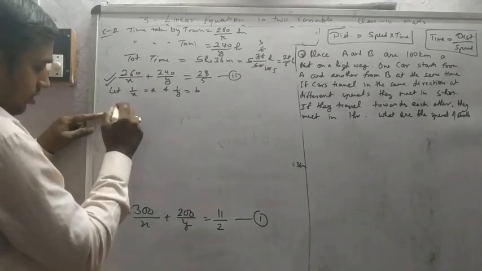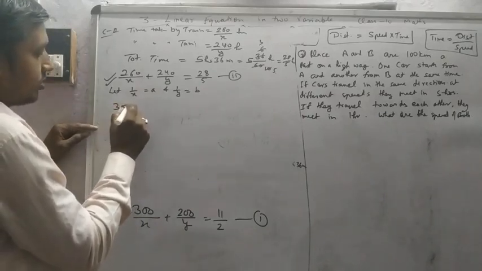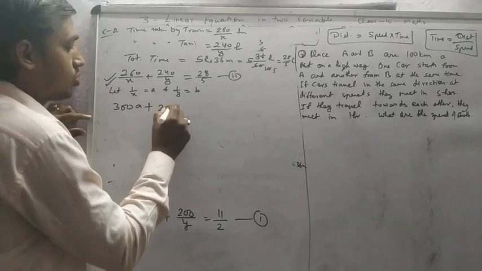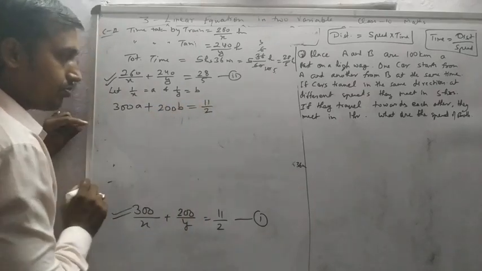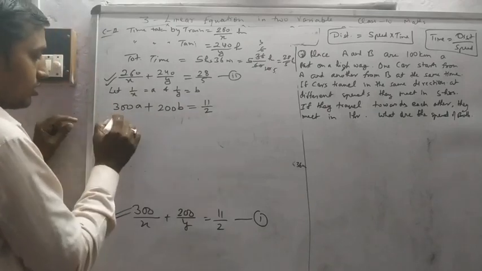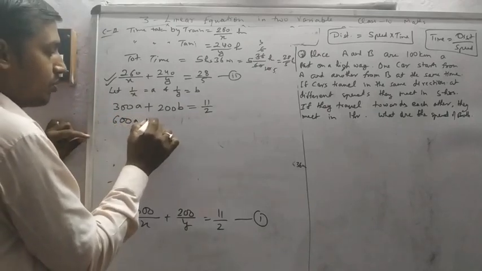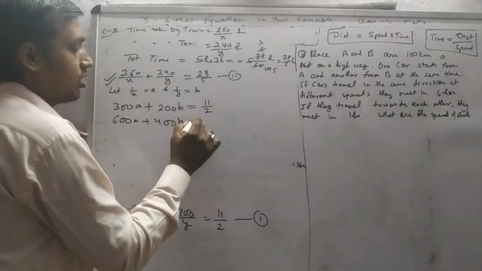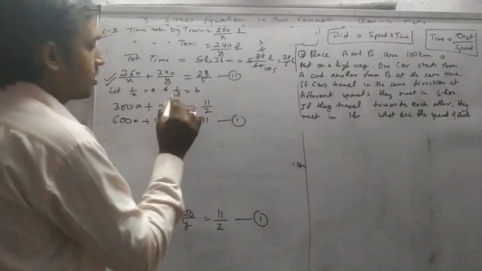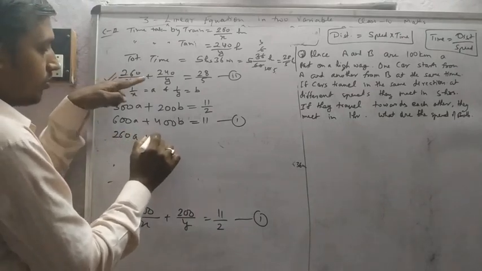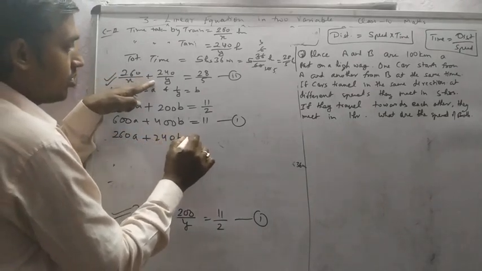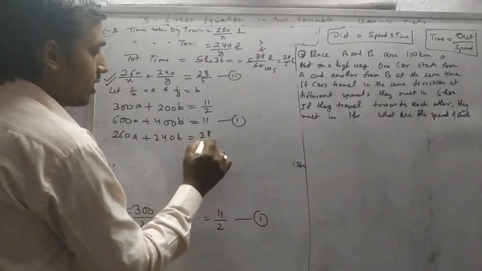First equation: 300a plus 200b is equal to 11 upon 2. Multiply here, 600a plus 400b is equal to 11. First equation. For second: 260a plus 240b is equal to 28 by 5.